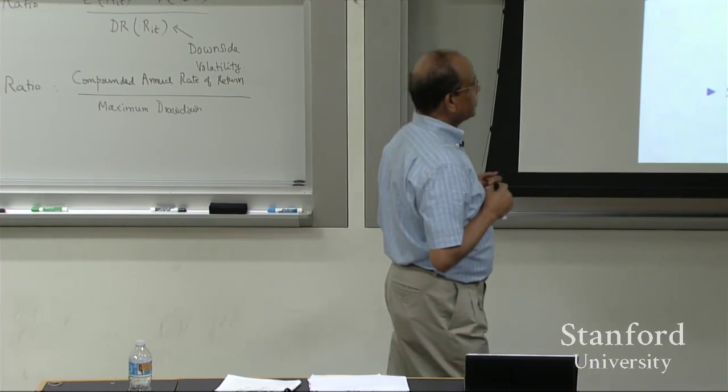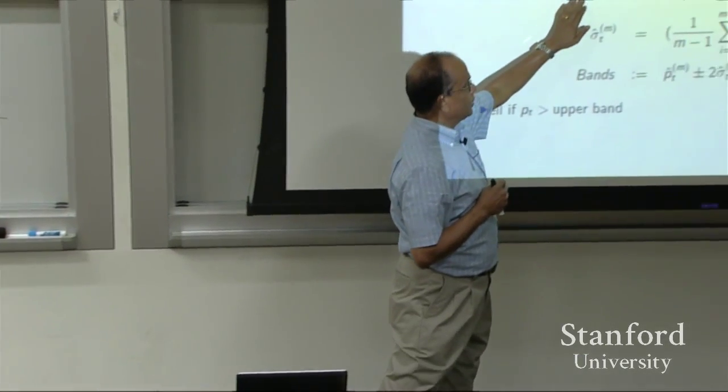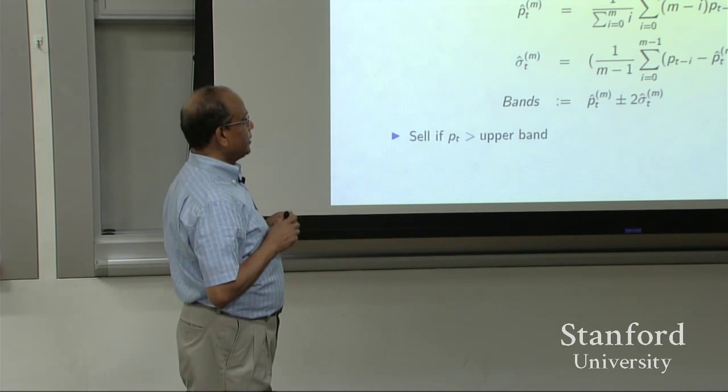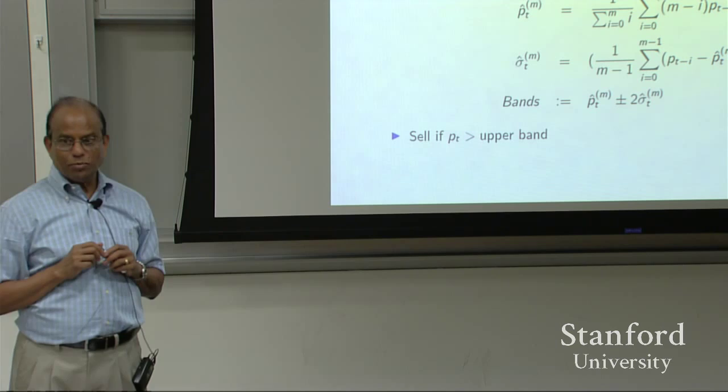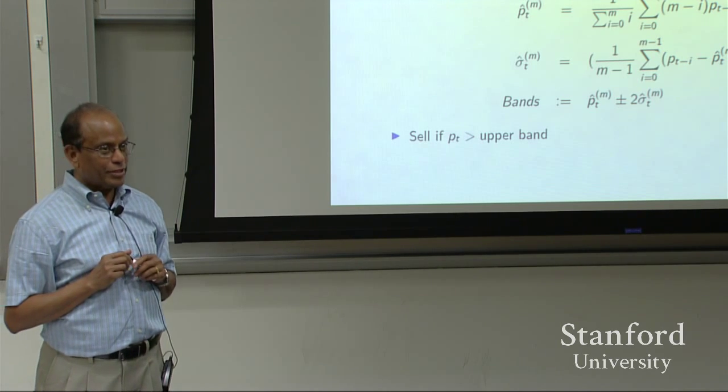The second point is that if you look at how the average is computed here, it is given as some sort of exponentially weighted moving average. Can you see that?